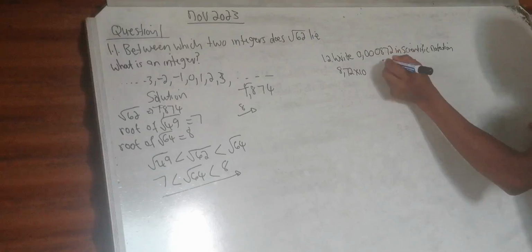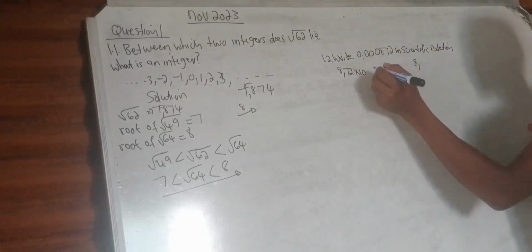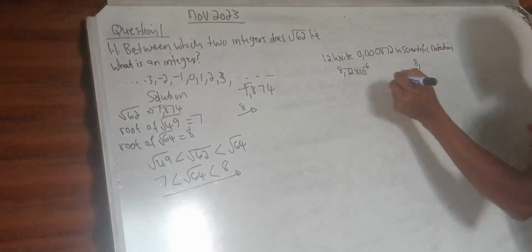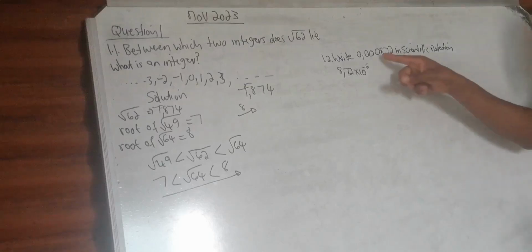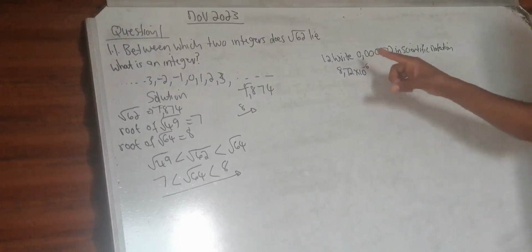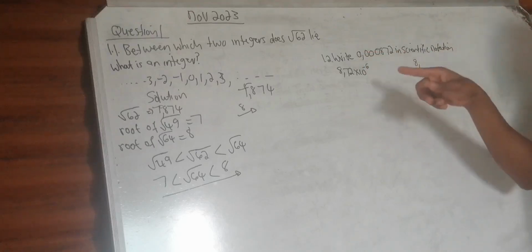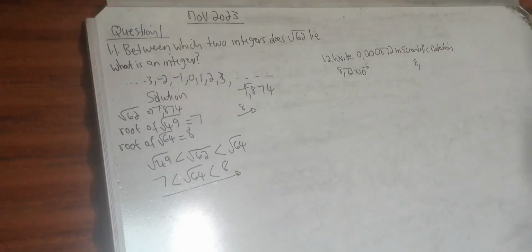So it is times 10 to the minus 6. Why minus? Because the leading numbers are zeros, so the exponent is a negative number. But if the leading number is positive, the exponent is a positive number.